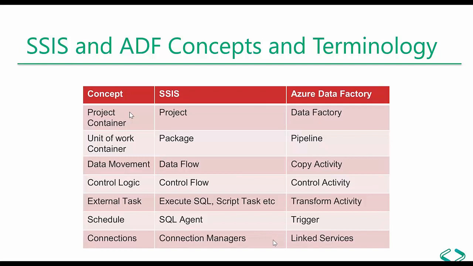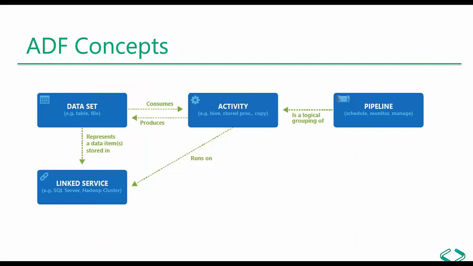I'll show an example in a few minutes to show more where the differences are. All right, so the big concept to actually show where all this goes together: we have data sets, which we're all pretty well used to, a table, a file, whatnot.